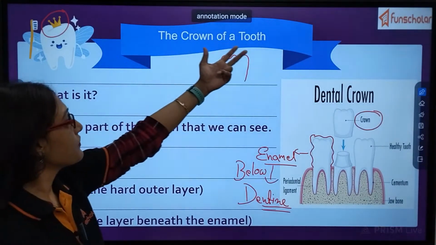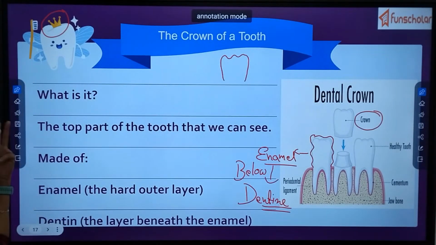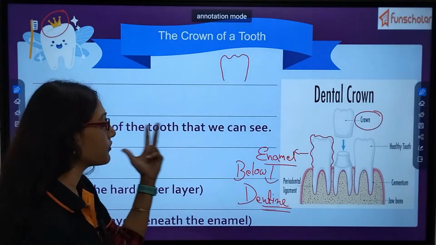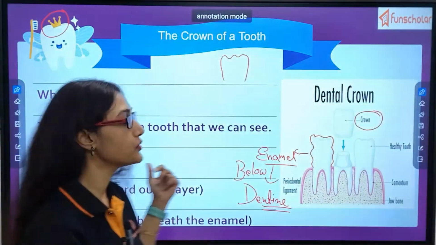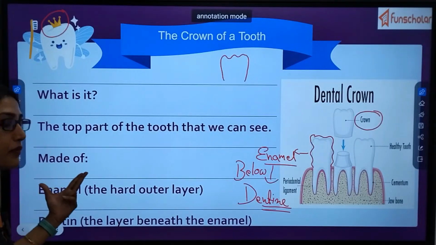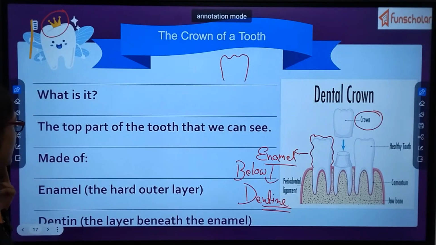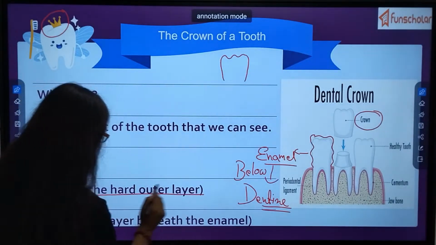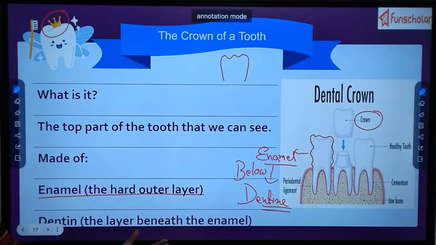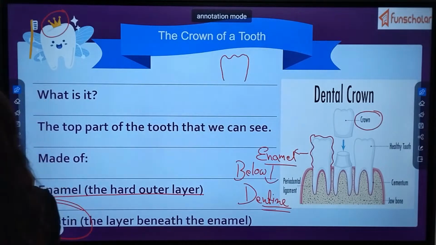The crown of a tooth, what is it? It is obviously the top part of the tooth that is visible to us. It is made up of the outer hard covering known as enamel, and beneath the enamel lies the dentine. Clear? Okay, now next slide.